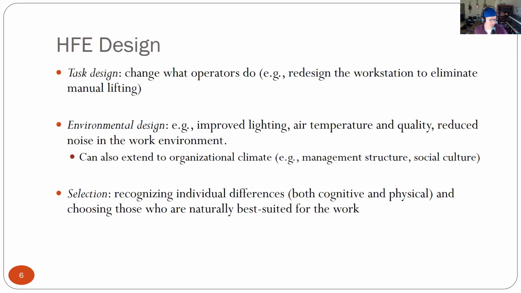Selection, here you go. Great question for a midterm would be if I were to say true or false, get ready, true or false: it is good human factors design practice to only hire people who are strong enough to do this particular job.